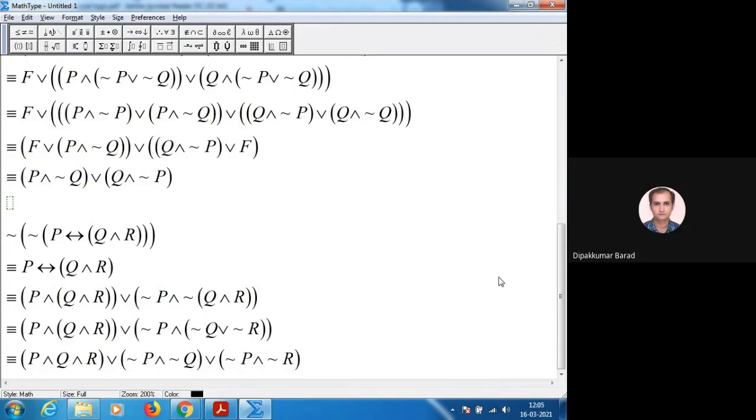Yes, so this is the sum of elementary product, so disjunctive normal form. Clear?